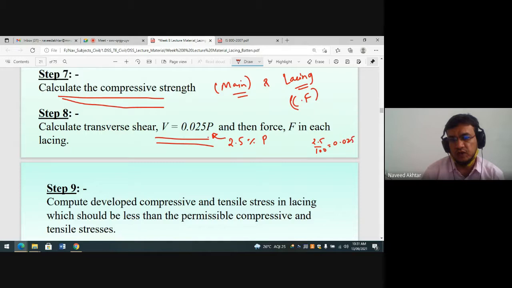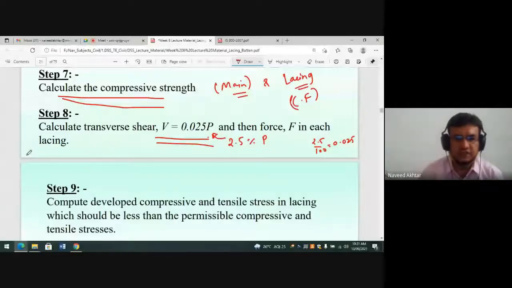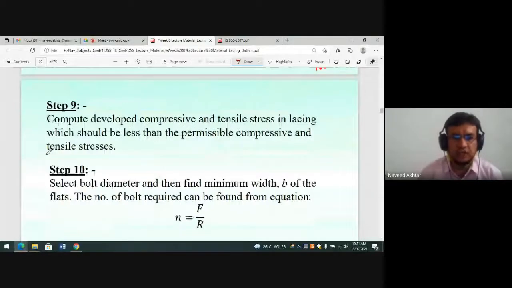So that's why here it is written 0.025. That is the force in each lacing. Compute the developed compressive stress and tensile stress in the lacing bar. It should be less than the permissible compressive stress or tensile stress.